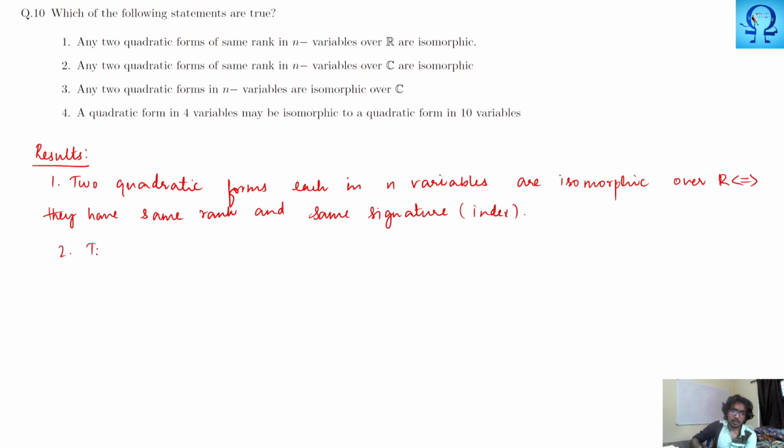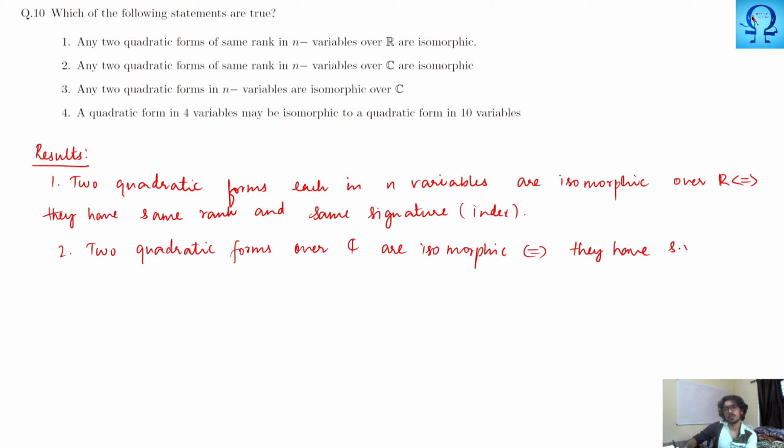Okay, two quadratic forms over C are isomorphic if and only if they have the same rank.